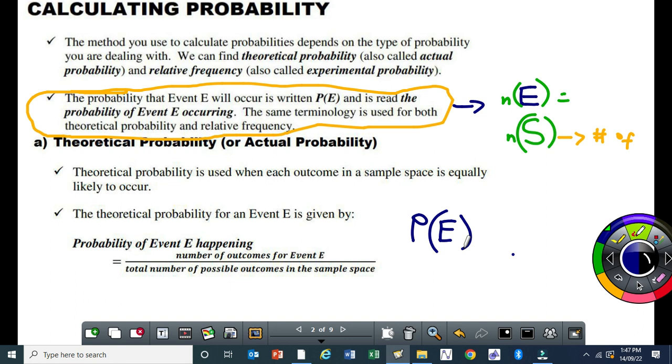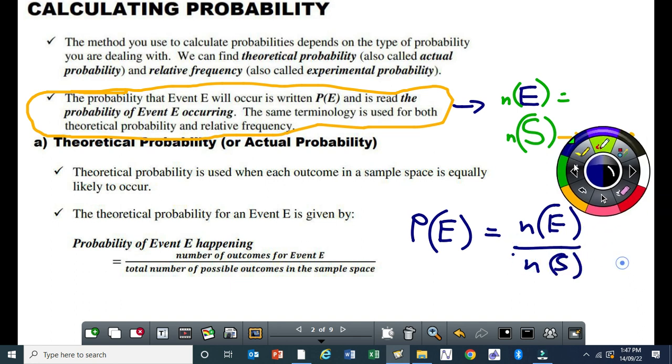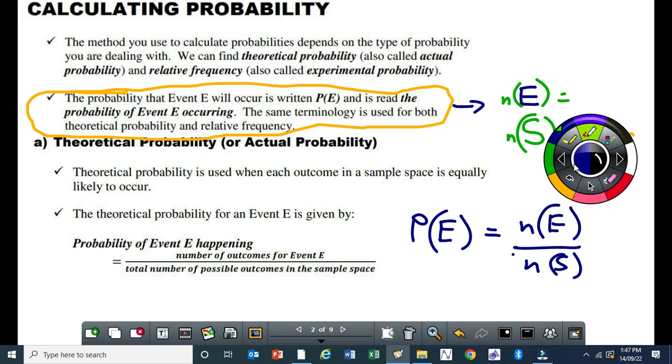If you're trying to get a 1 or a 2 after rolling a dice, then you can say P(1) or P(2), P(3), P(4), P(6). This is equal to n(E), the number of favorable outcomes, divided by the total number in the sample space, that is the number of all possible outcomes.